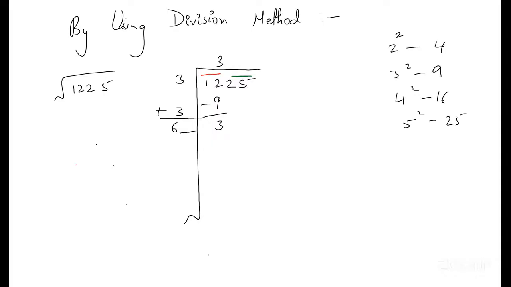So I bring down 25, and it becomes 325. Now I have to find a number to place after 6 in this blank, such that when I multiply the whole thing by that number, it should give me 325.